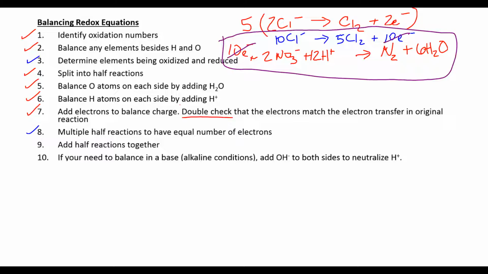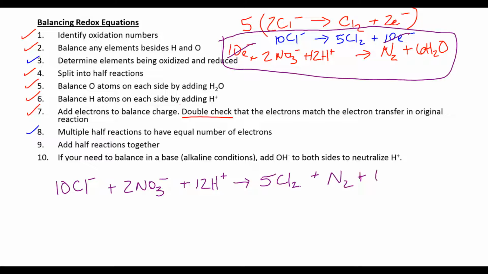then we can simply write down that collective redox reaction where we've got 10 chloride plus 2 nitrate plus 12 H+, and that will collectively yield 5 Cl2 plus N2 plus 6H2O.